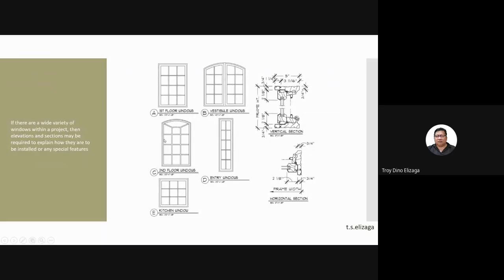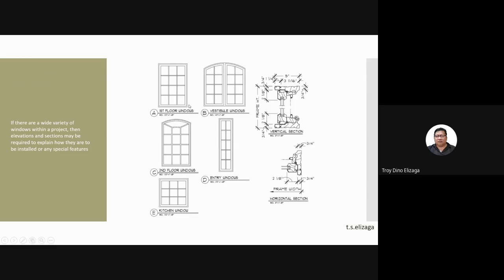If there's a wide variety of windows within a project, then elevation and section may be required to explain how they are to be installed or any special feature. Okay, so most of the time the elevation is enough. But there are times when you also need to show the section, and there's even a time when you need to show the elevation of the window from the outside and also from the inside.